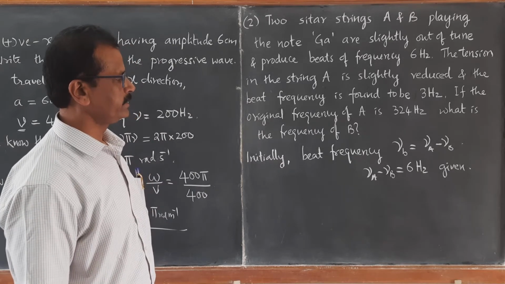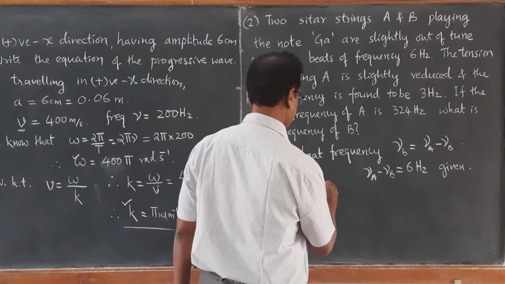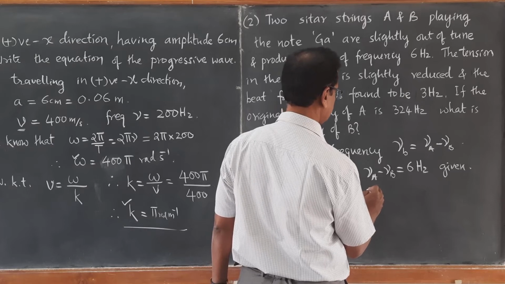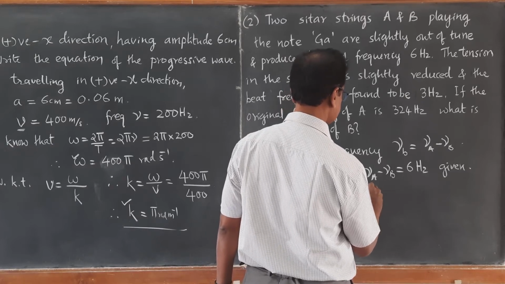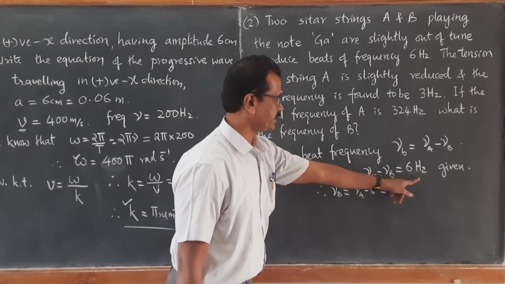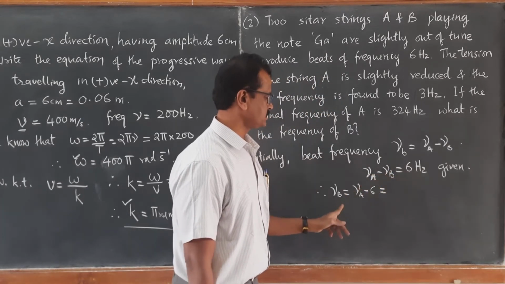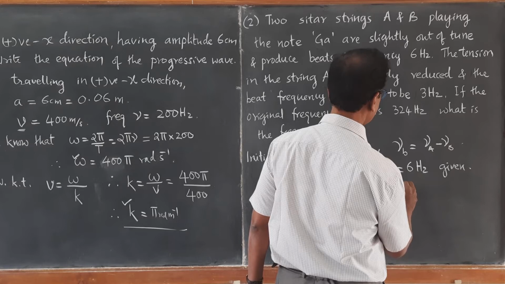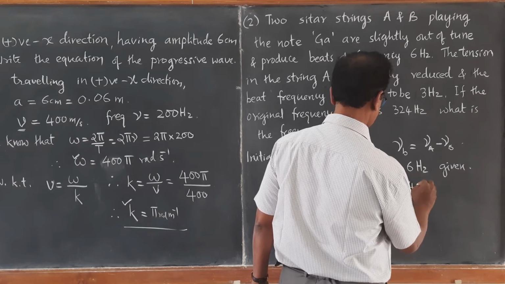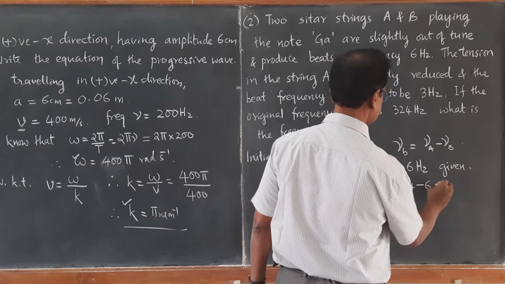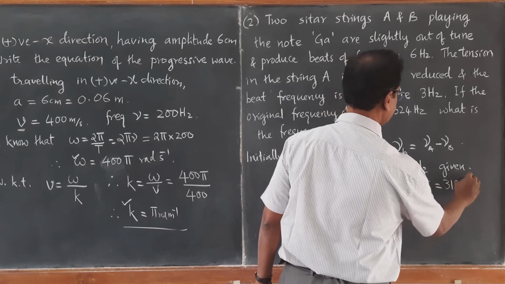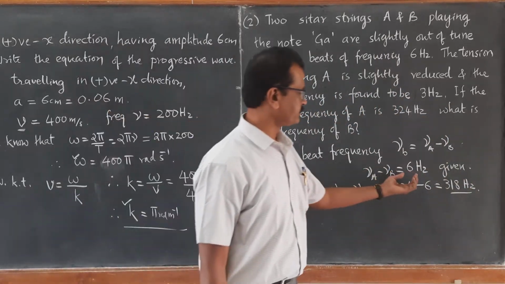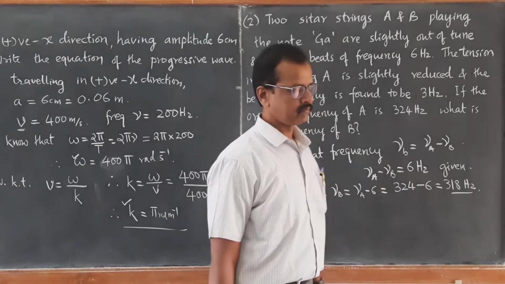So from this we can calculate what is nu B. Therefore nu B is equal to nu A minus 6. Nu A is 324. 324 minus 6 becomes 318 hertz. Right? So the beat frequency originally is 6 hertz.